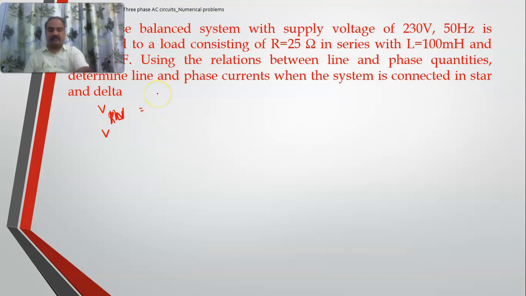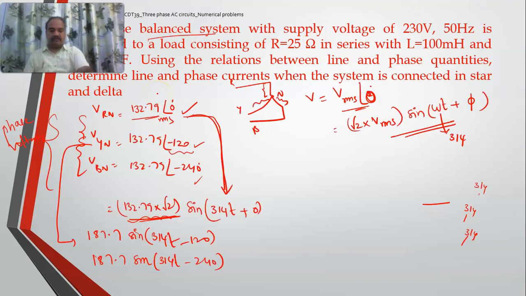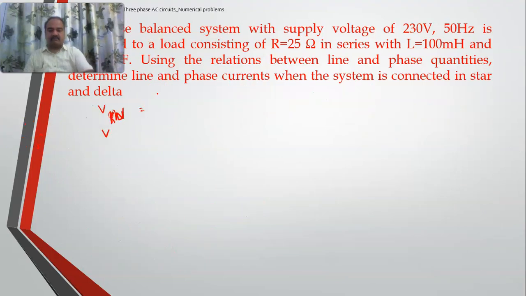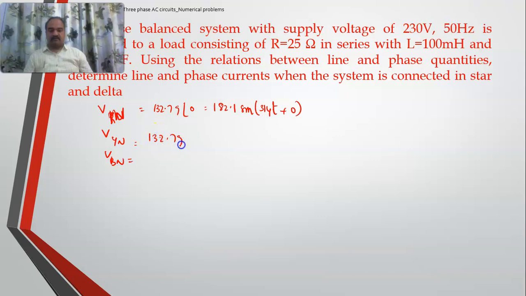It was 132.79, which was roughly around that. Similarly, what was VYN? Right. So these are the phase voltages, right?